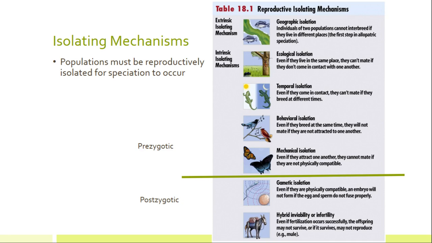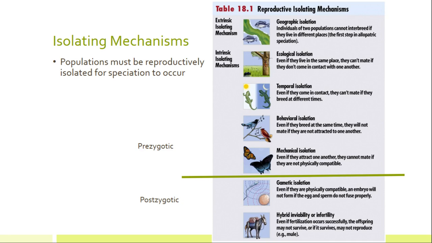So before you make an egg and then after you make an egg. So for prezygotic, obviously allopatric speciation occurs with the geographic isolation. You can also have ecological isolation. Even if you live in the same place, you may not come in contact with one another.